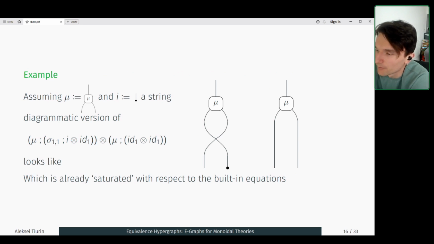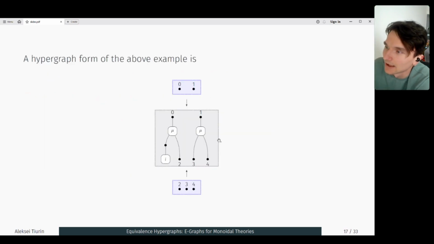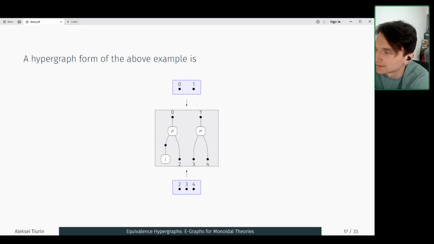I put this "saturated" in quotes because we still have the naturality equation for the symmetry: because we can slide boxes along the wires, we can slide this dot along this wire and move it beyond the symmetry. But if we use the hypergraph representation of the same string diagram, we absorb this equation as well. So this particular example is fully saturated with respect to all of the built-in equations.